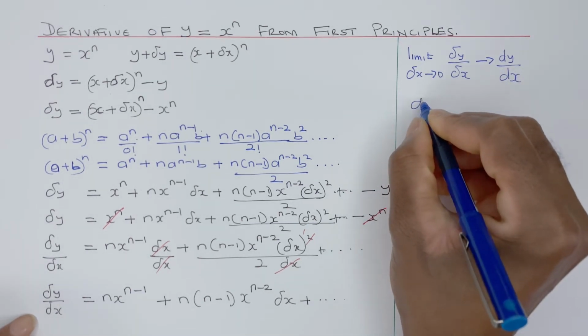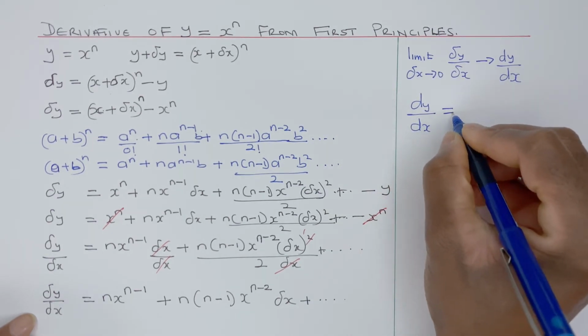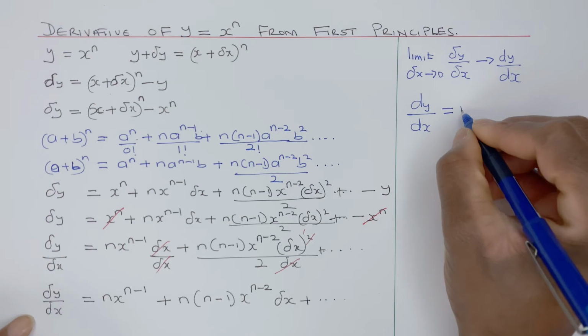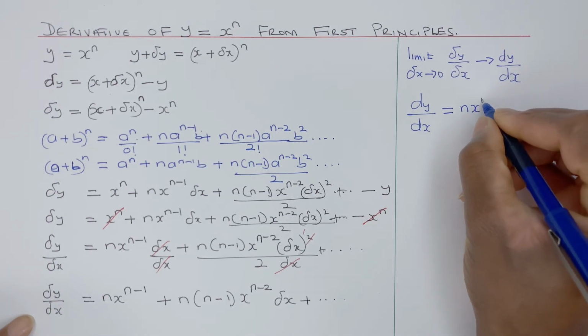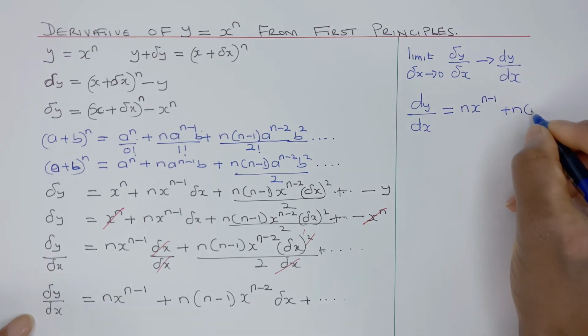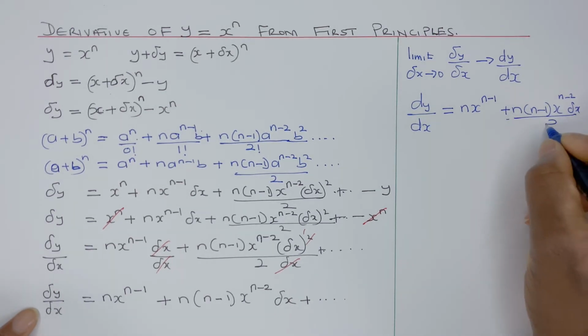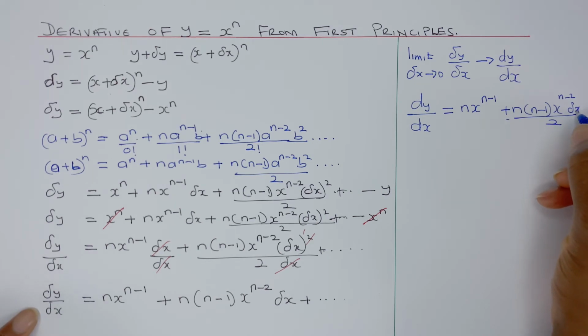Then we can say dy dx will be equal to n x to the power n minus 1 plus n into bracket n minus 1 x to the power n minus 2 times delta x over 2. But delta x is 0, and that goes on.